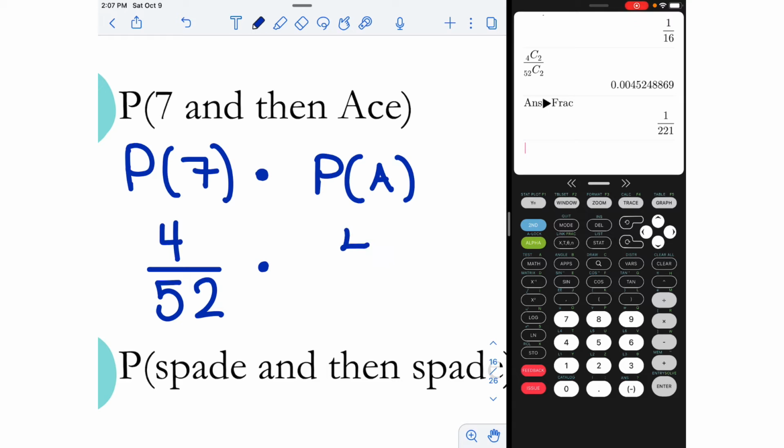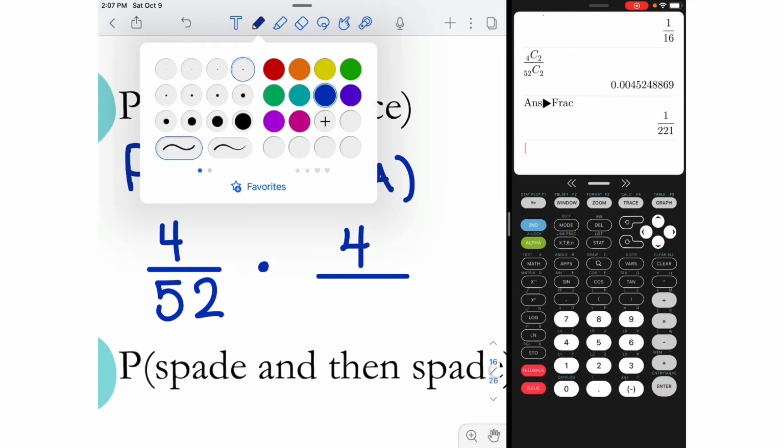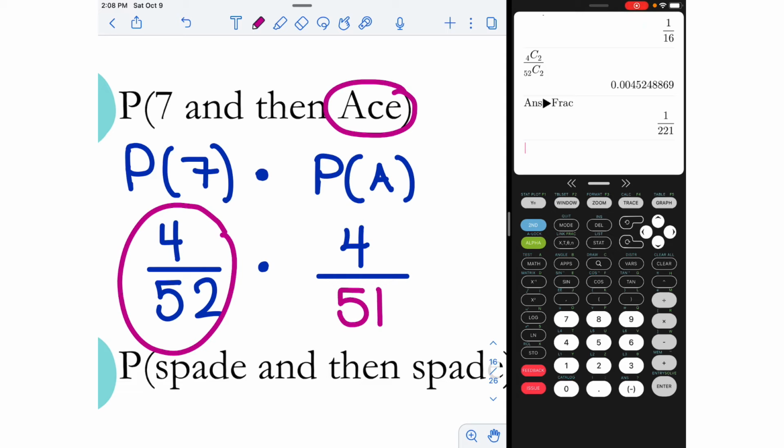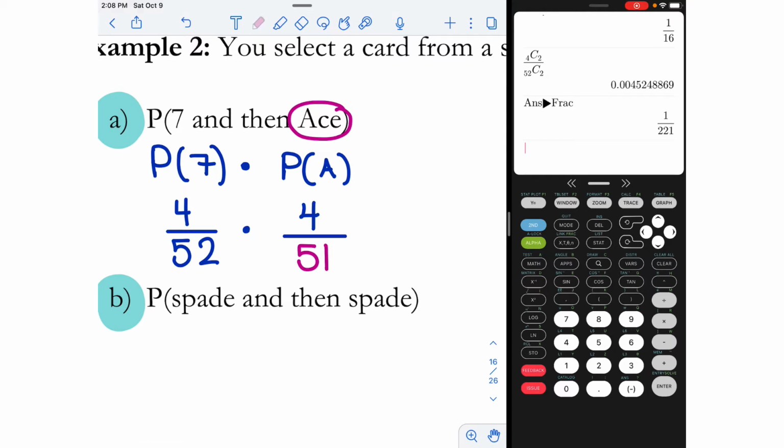There's 4 aces in the deck, but there's no longer 52 cards in the deck because I have not replaced the first card. There's 51. So that's what I mean by B following A. It's the probability of this event after the first event occurs, which means that the denominator is going to slightly change.